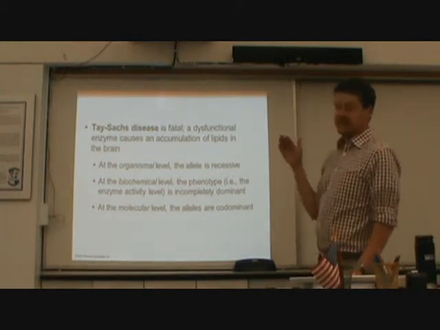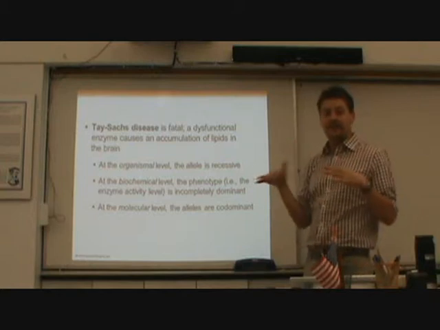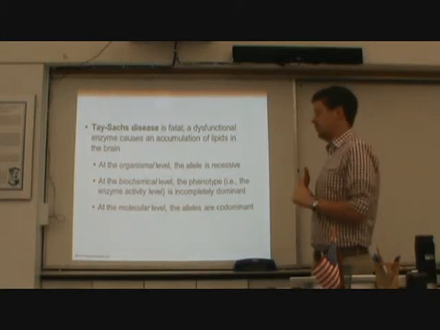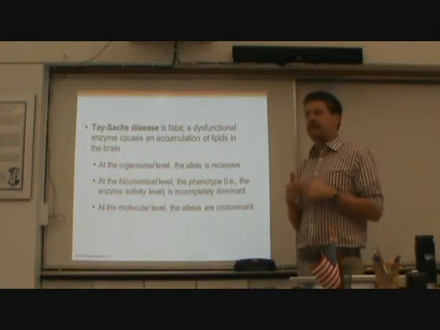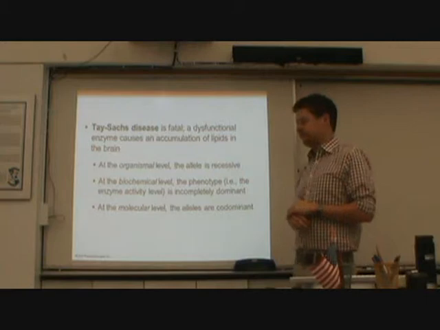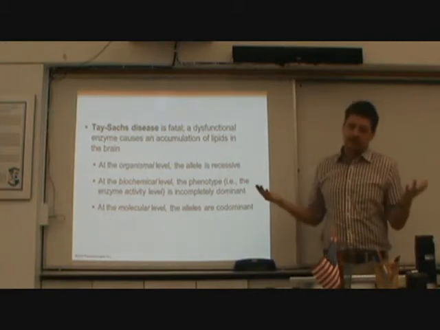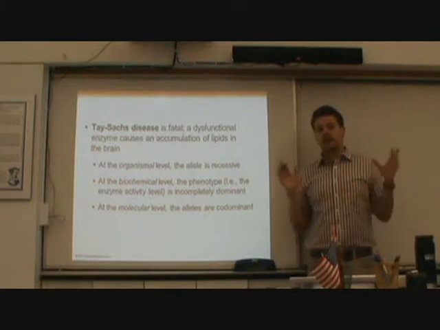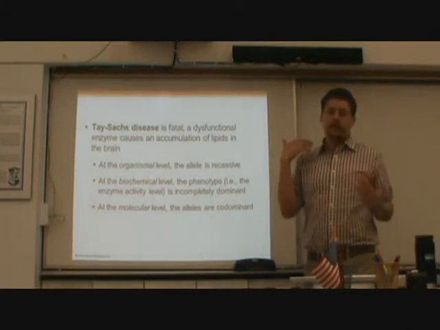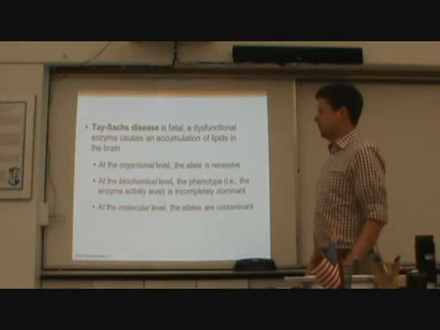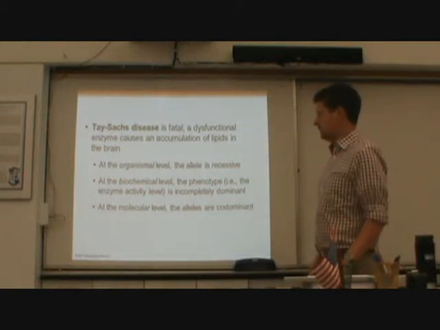But since having only roughly half of the enzyme activity of a normal individual is evidently enough to keep those lipid levels down sufficiently, they don't show up as having the disease. So again, looking at the organism, they appear to be a normal individual without any disease.